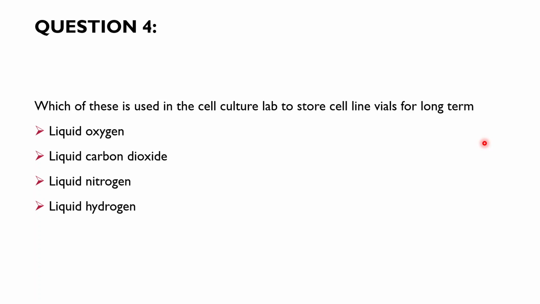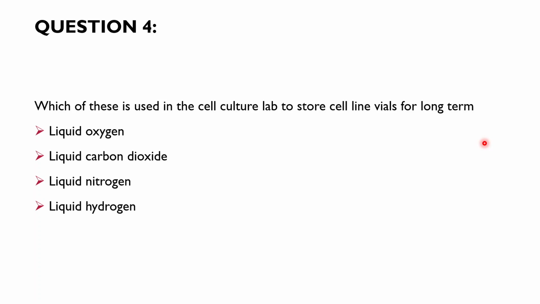Other labs may have other procedures. From minus 20 degrees centigrade we shift the cells to minus 80 degrees centigrade, where we keep them for around 5 to 6 days, and then we shift the cells to the liquid nitrogen tanks. In the liquid nitrogen tanks you can store the cells for a long time, say for years. At minus 80 degrees centigrade, you can usually store the cells for roughly 6 months.